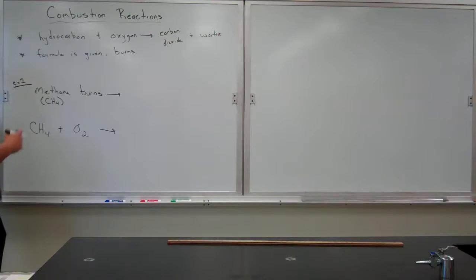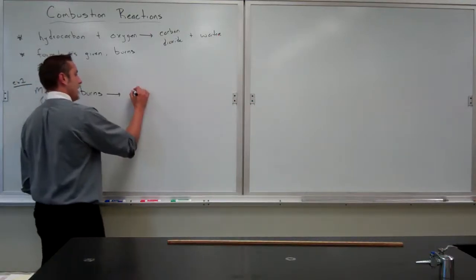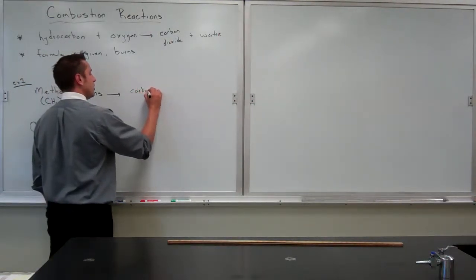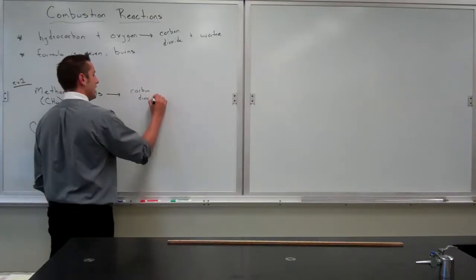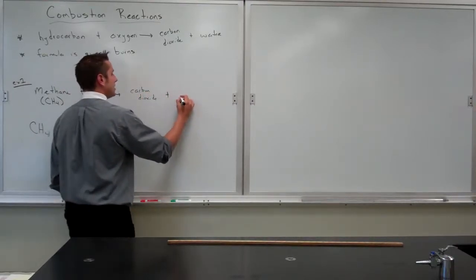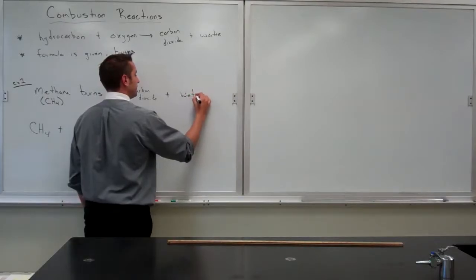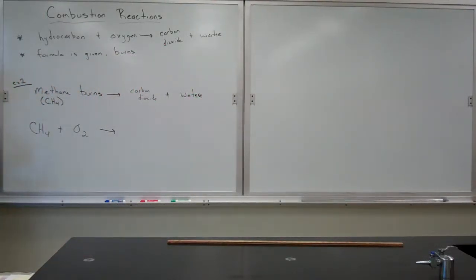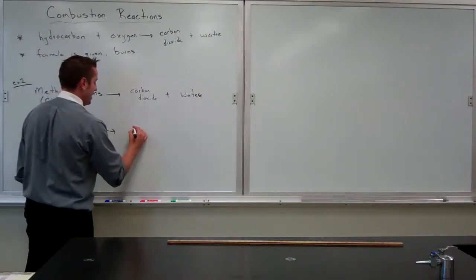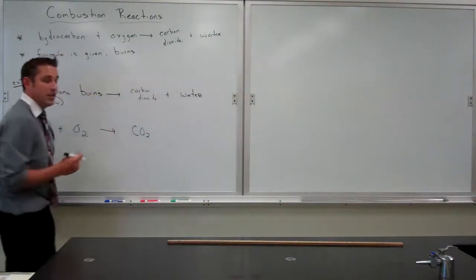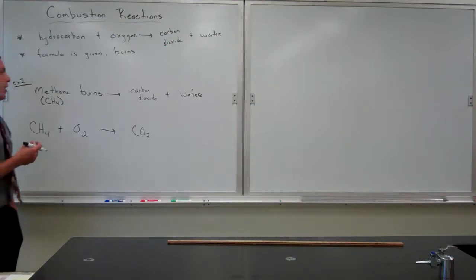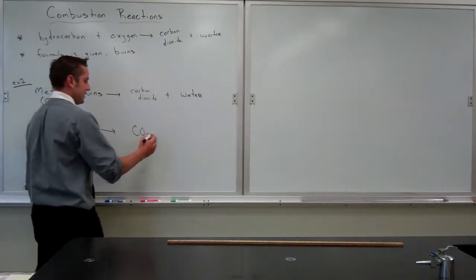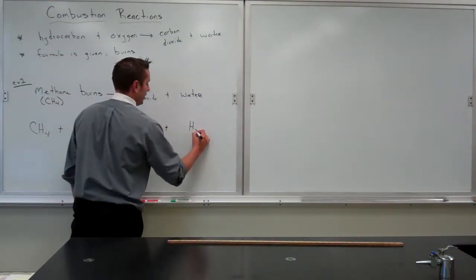Then, the products of a combustion are always the same. You will always produce carbon dioxide plus water. Now it's just a matter of writing out your products. Carbon dioxide is a compound. Does it have prefixes? Yes. So we write what we see. Carbon dioxide is CO2, and water is a common name, H2O.